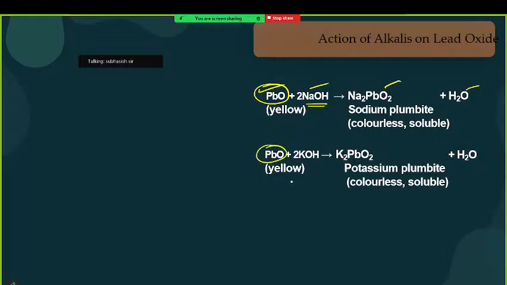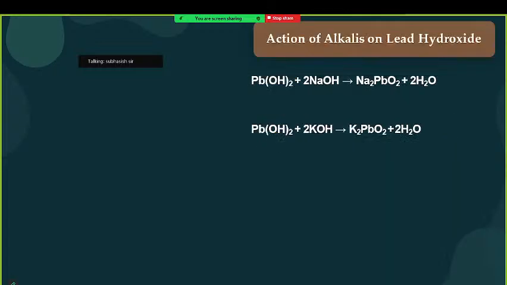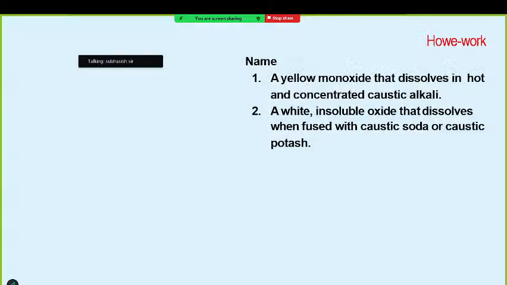Here you see that lead monoxide reacts with potassium hydroxide to form salt and water. So these are the amphoteric characteristics, not as such for identification, but in this chapter, this is discussed. That's why we mentioned this type of reactions where amphoteric oxides and hydroxides react with acids or bases to produce salt and water, etc.